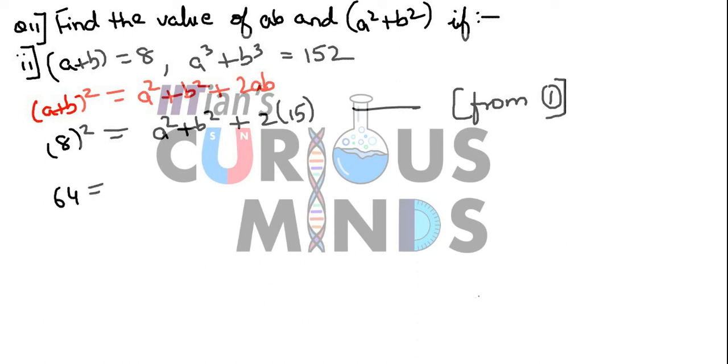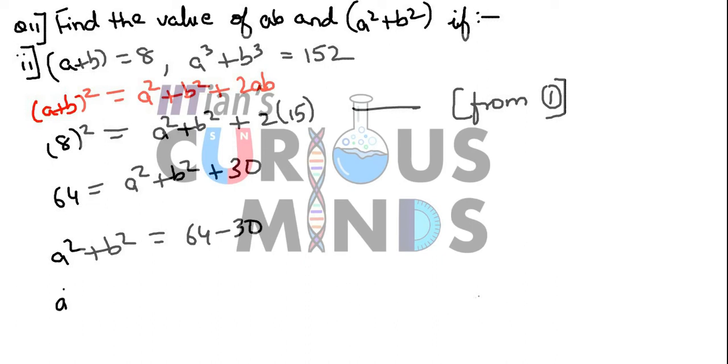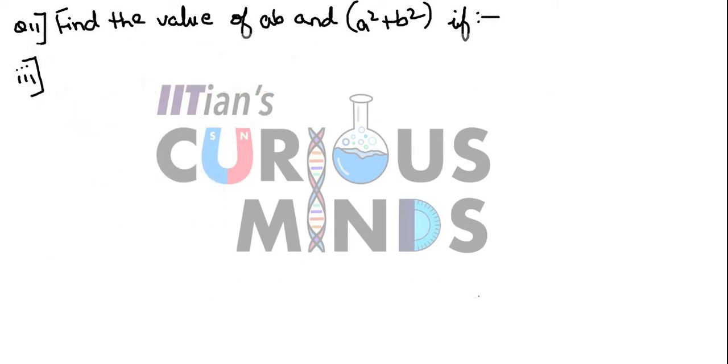Therefore 64 is equal to A square plus B square plus 30, and therefore A square plus B square is equal to 64 minus 30, and therefore A square plus B square is equal to 34, which is my final answer.